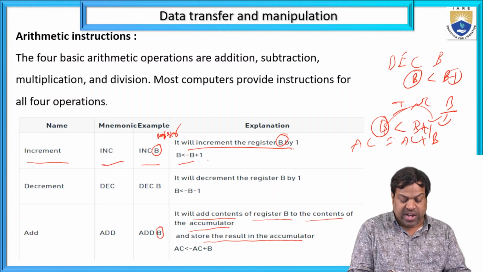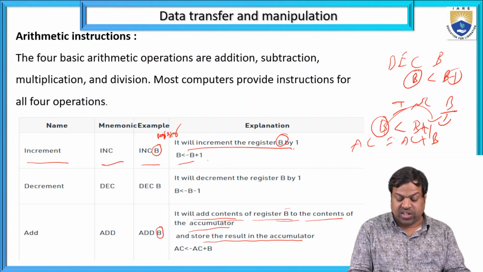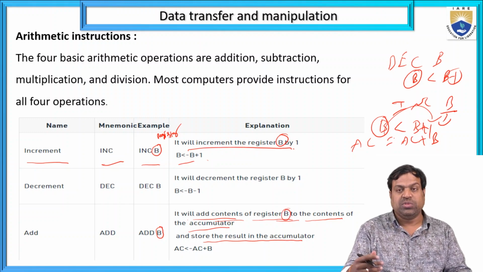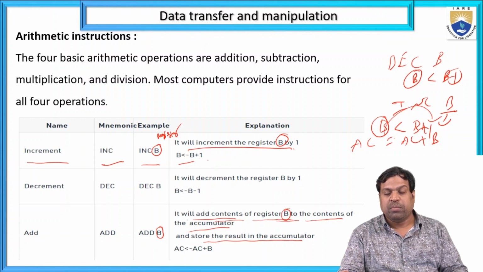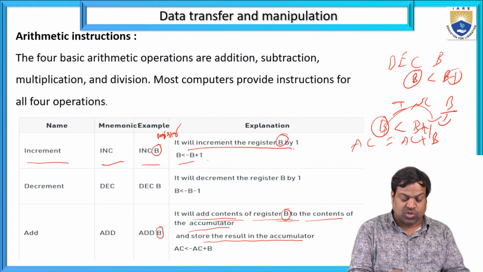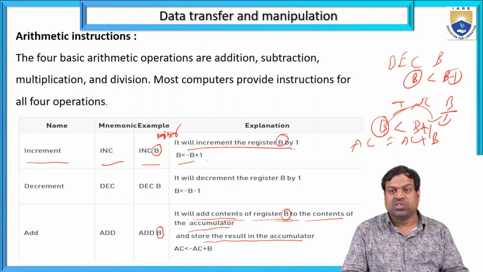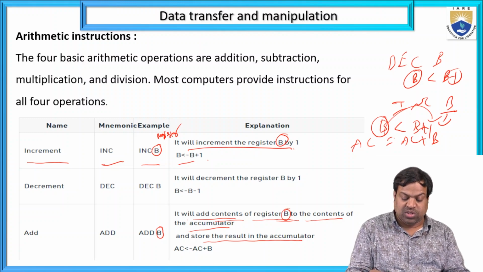So here ADD means we are adding the content of B to the accumulator. Suppose for addition we need a minimum of 2 values. The first value is stored in B, and the other value is in the accumulator.